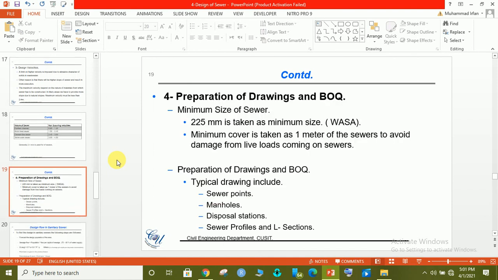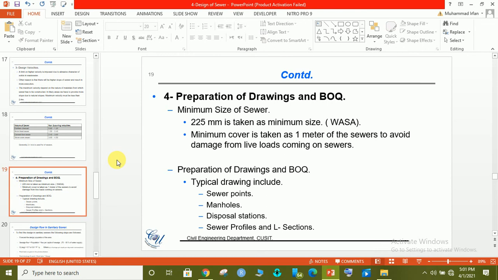The preparation of the drawing and bill of quantities is step number 4. The minimum size of the sewer is 225 millimeter, taken as the minimum size by WASA, Water and Sanitation Agency. The minimum cover is taken as 1 meter.